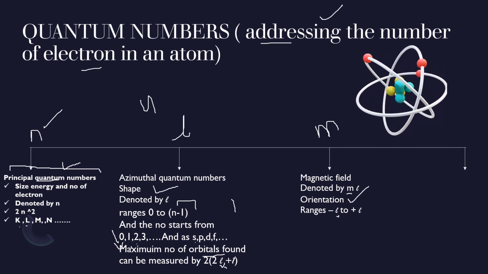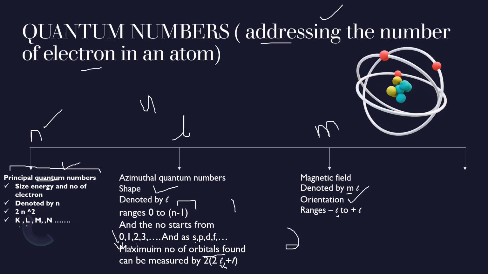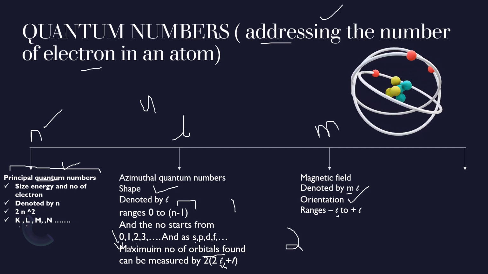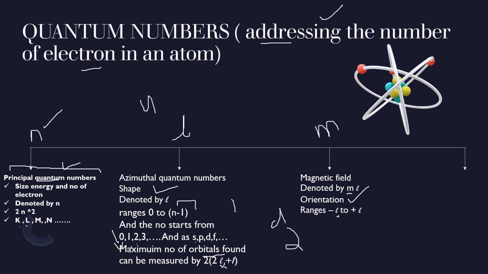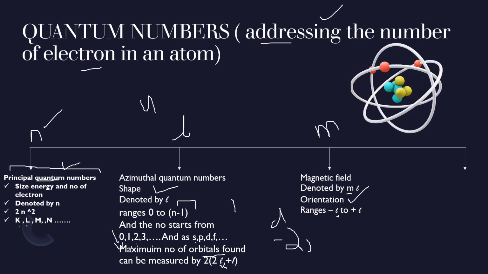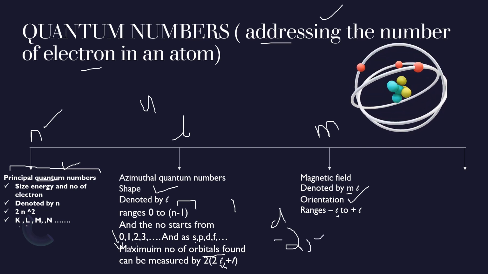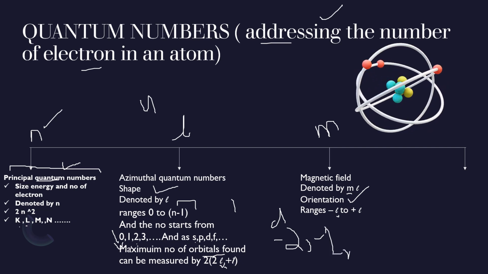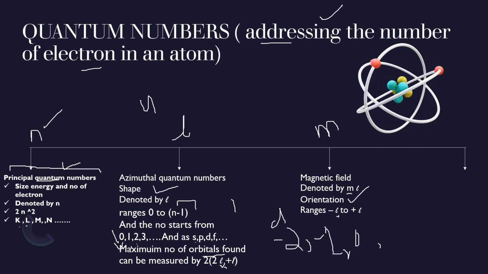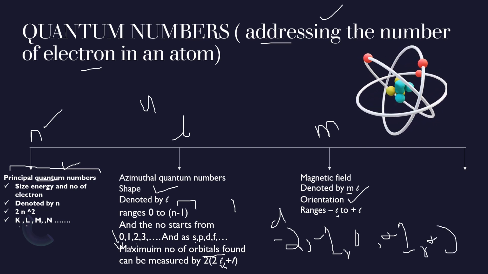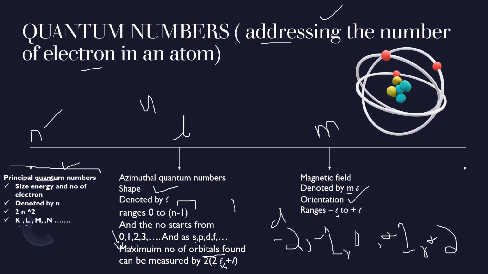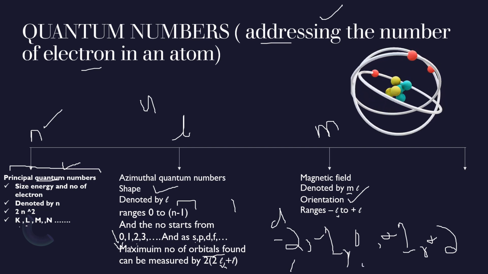If we are going to find the orbitals of 2, that is the d shell, it ranges from -2, -1, 0, then +1, +2. In this way we find the values: 1, 2, 3, 4, 5.